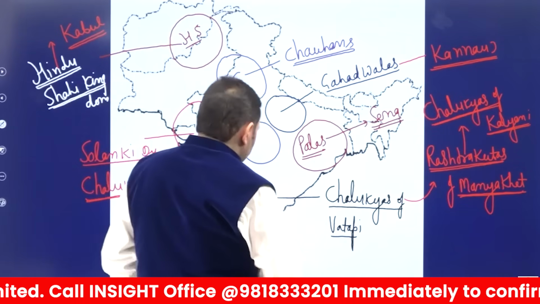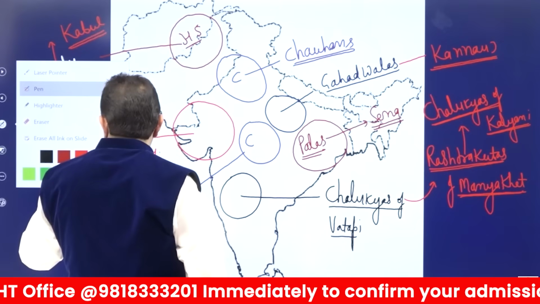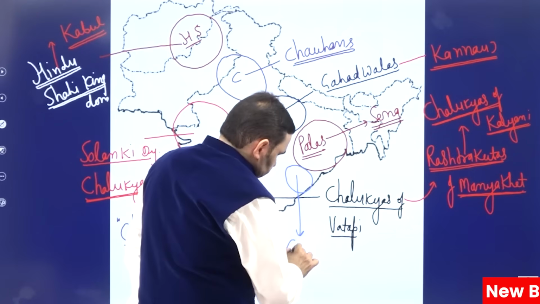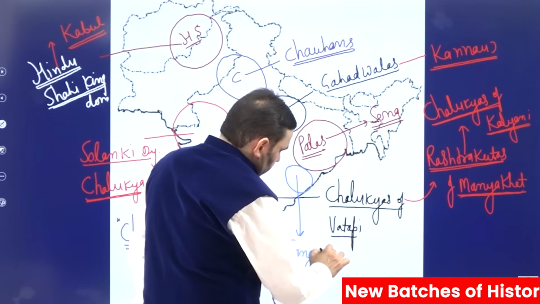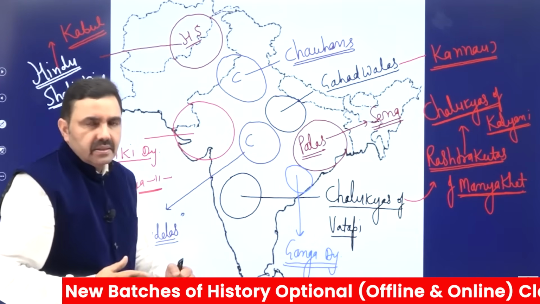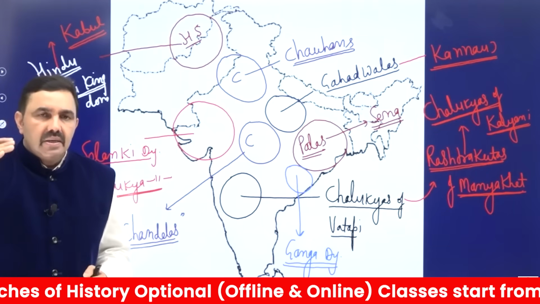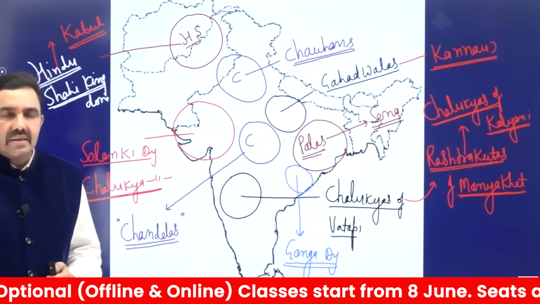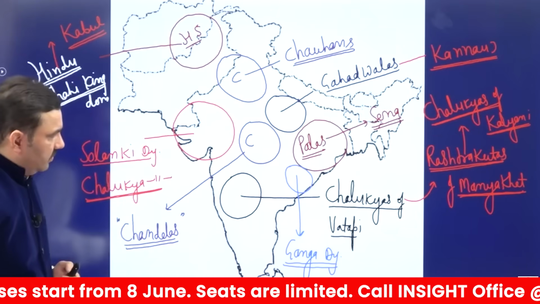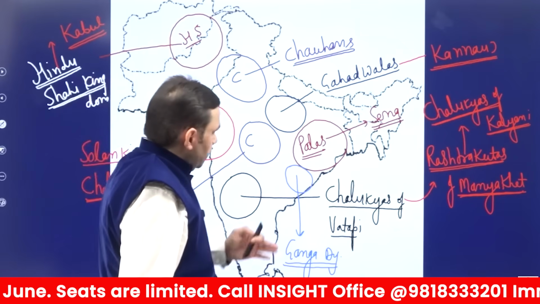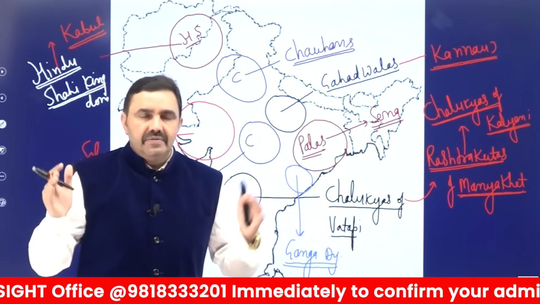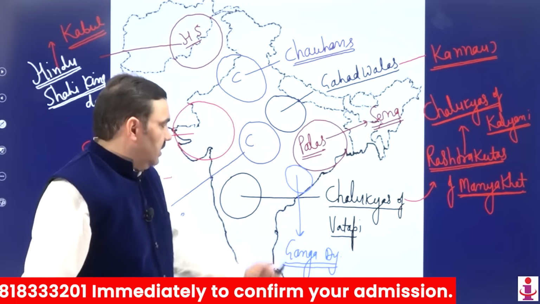This side, Odisha side, was another minor dynasty, Ganga dynasty of Odisha. The kings of this dynasty constructed a number of magnificent temples in Odisha, such as the temple of Jagannath Puri, the temple of Konark, Sun temple of Konark, a Lingaraj temple located at Bhubaneswar. So all these kind of magnificent monuments were built by kings of Ganga dynasty of Odisha.